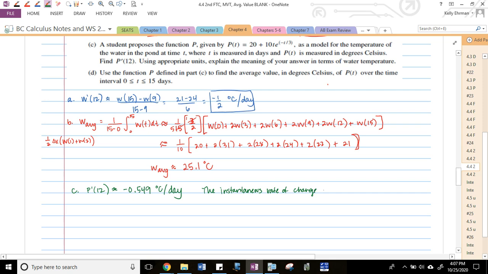It says in terms of water temperature, so the instantaneous rate of change of the water temperature in the pond on day 12 is a decrease, since it was negative, of 0.549 degrees Celsius per day.